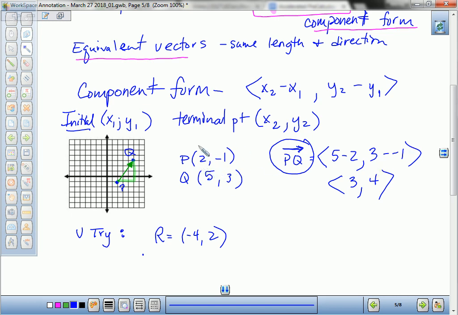Or you could think of it opposite. What do I do to 2 to get to 5? I add 3. What do I do to -1 to get to 3? I add 4. Because subtraction is the inverse operation of addition, right? So you can think of it either way. So the vector PQ is represented by this component vector, 3, 4.